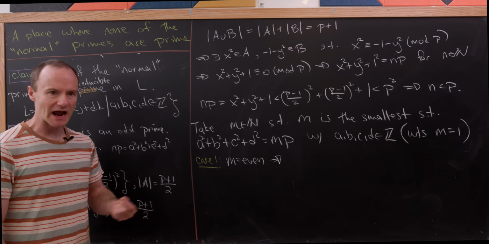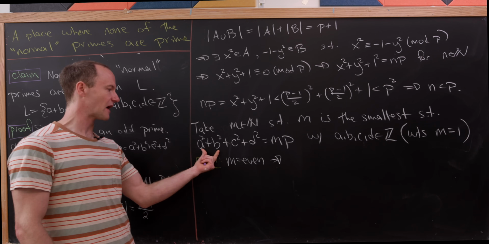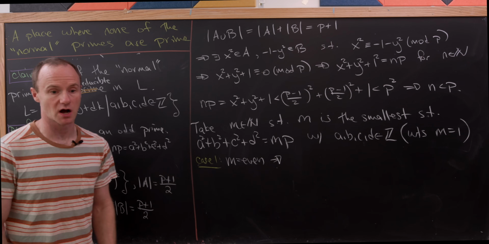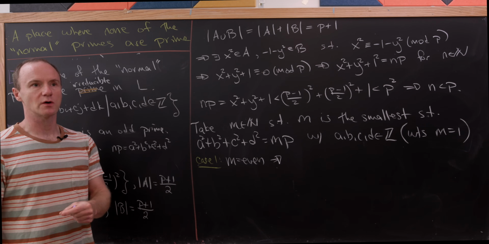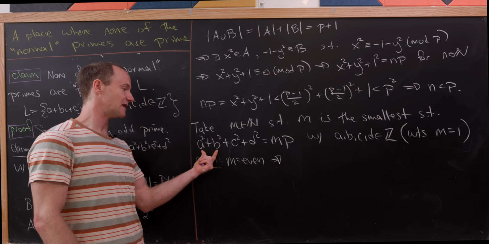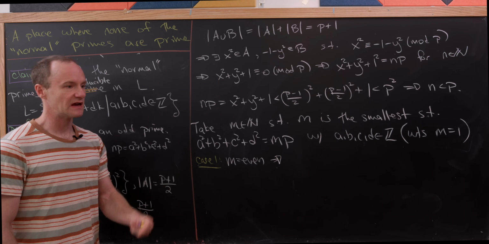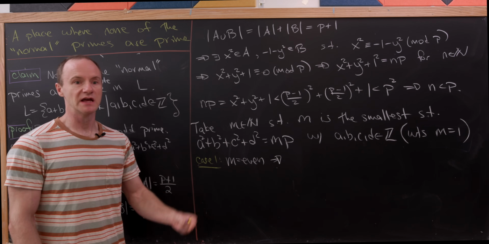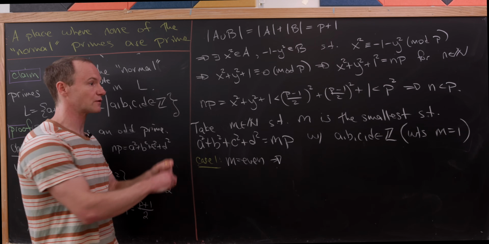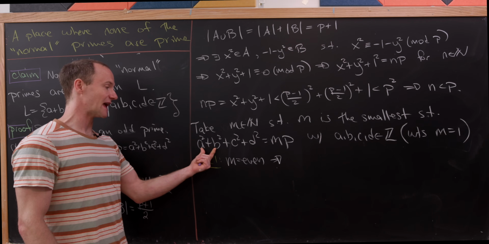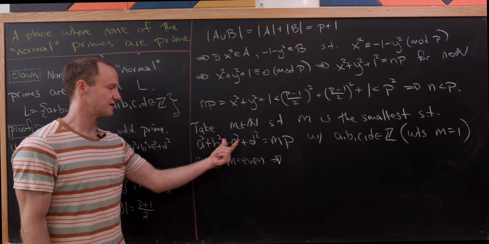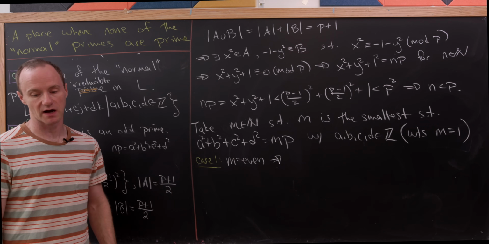But either way you look at that, we can pair these things off into things that are congruent mod 2. So if they're all even, then a and b are congruent mod 2 and c and d are congruent mod 2. If they're all odd, well, the same thing. If 2 are even and 2 are odd, we can rename these so that a and b are both even, for instance, and c and d are both odd.